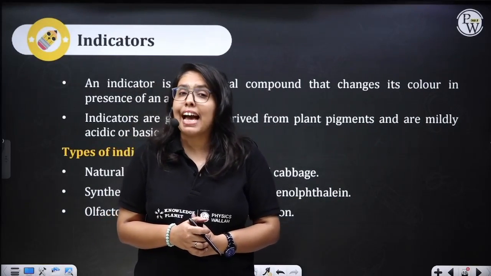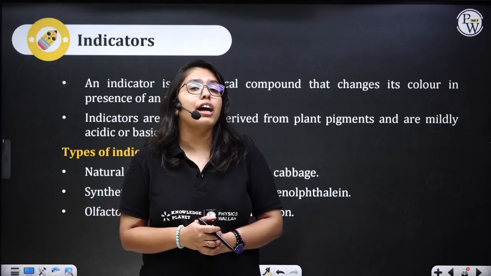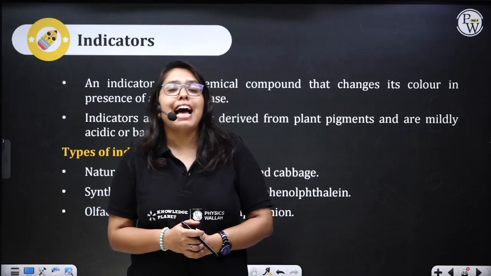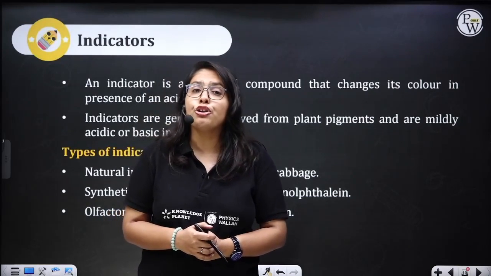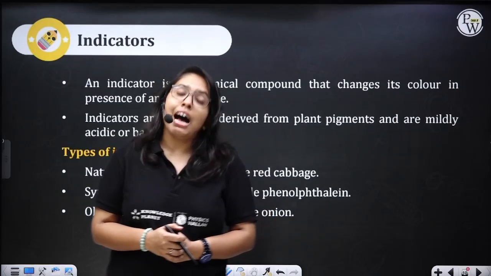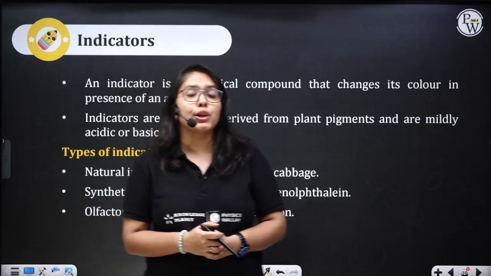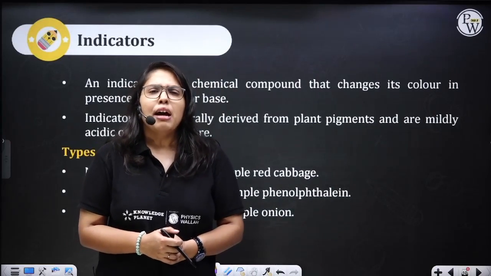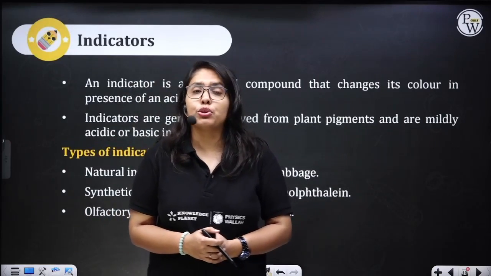The substances which indicate whether a given solution is acidic, basic or neutral are known as indicators. How does it indicate whether a given solution is an acid, a base or neutral? Based on a certain few changes.